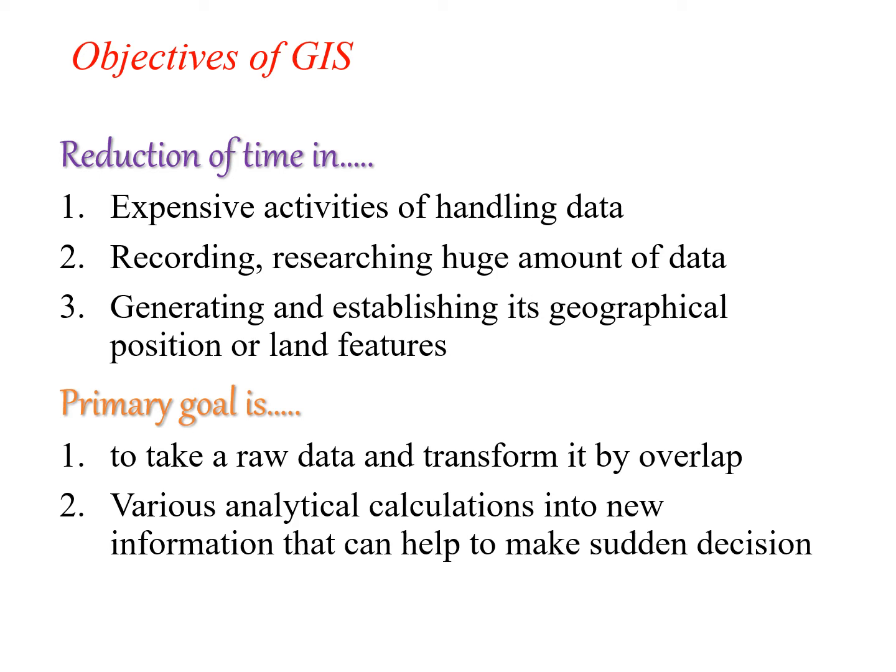Then the third one is generating and establishing the geographical position of the different objects, or we call them land features. So the GIS helps you to establish the relationship between all the different features that will appear even on a satellite image. The primary goal of the GIS is, very first, to take raw data. For example, if you take photographs, the photographs only show the different features.